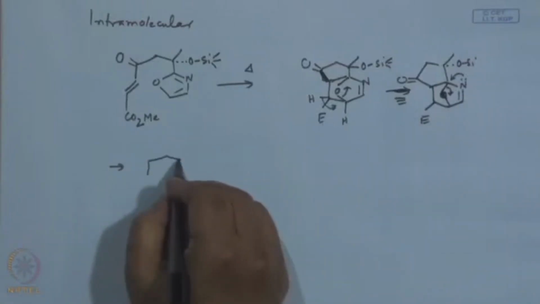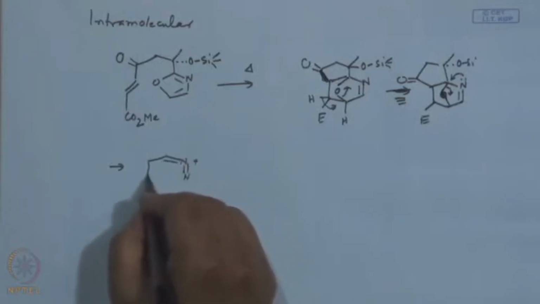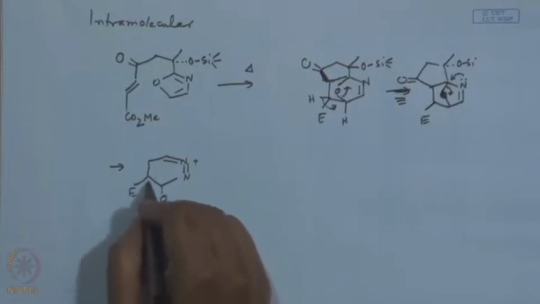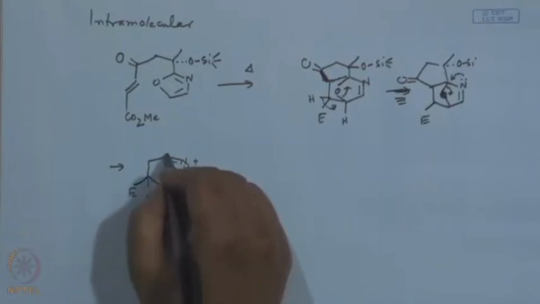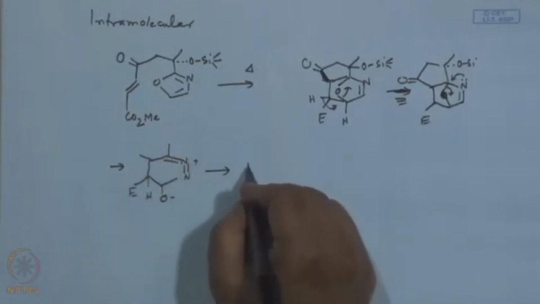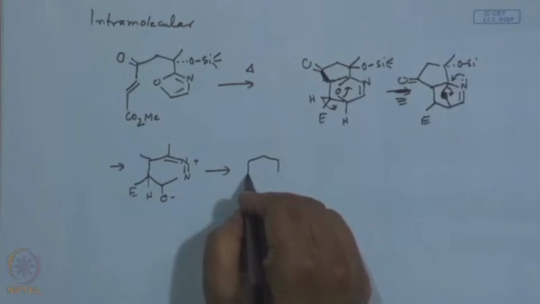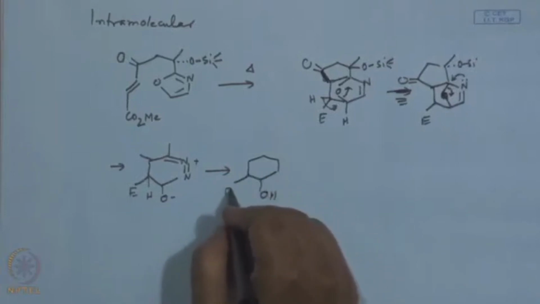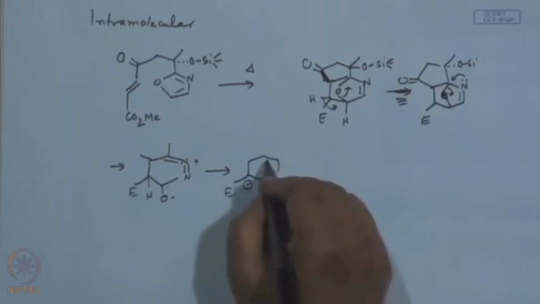Although it was somewhat strained, you can just go on writing this is E, this is oxygen minus, and then you have all the other things, and then the hydrogen can undergo migration to OH, then E, and then you will have minus here.